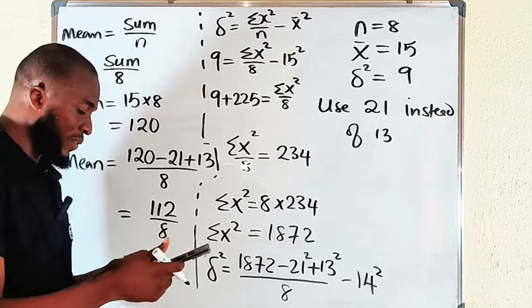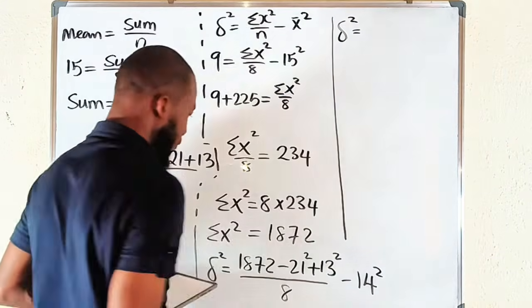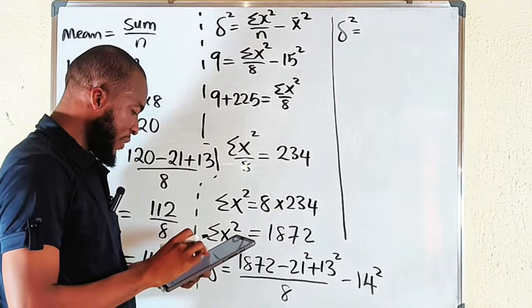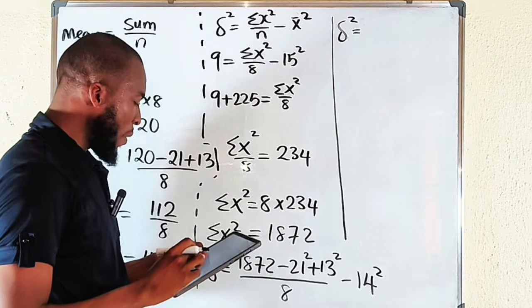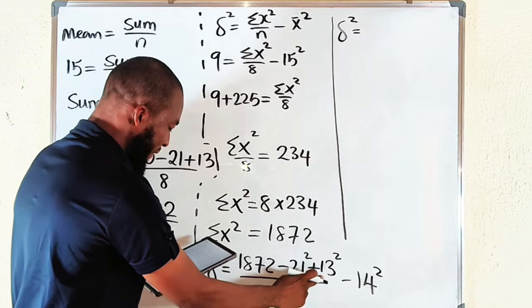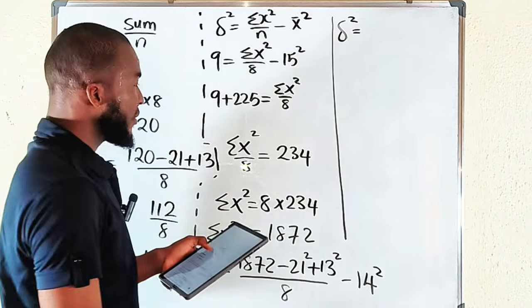So let's see. So the variance is equal to, according to my calculator here, 1,872 minus 441, this is 441, then plus 169, right? That will give us 1,600.